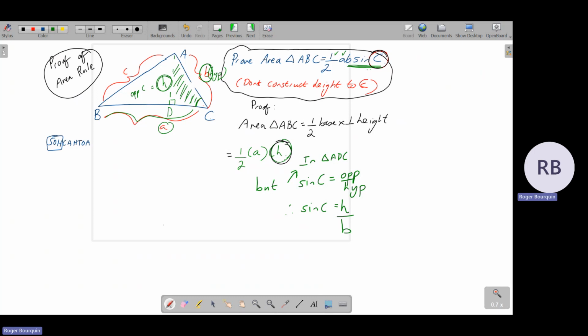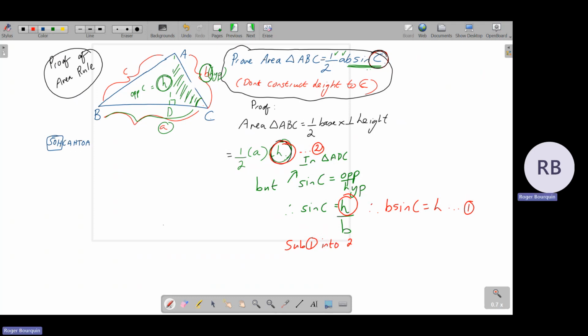What are we trying to do? We're trying to get rid of this H over here. So I'm going to isolate H from this. If I multiply both sides by b, then b sine C is equal to H. Okay, so if I call this equation 1, and this one up here equation 2, and I go sub 1 into 2, again, we have to show this.